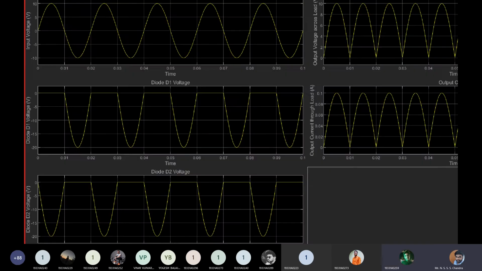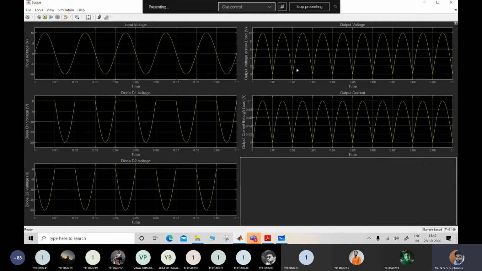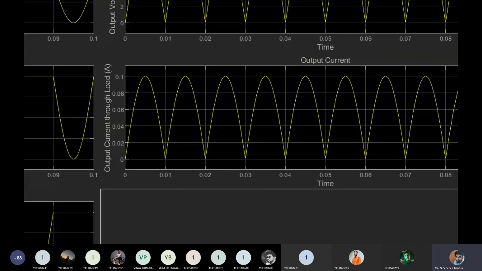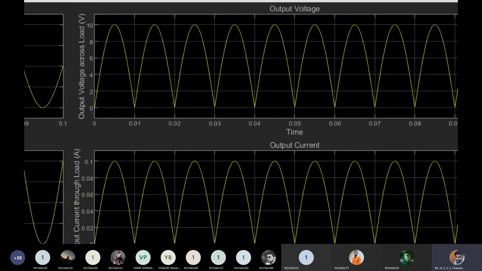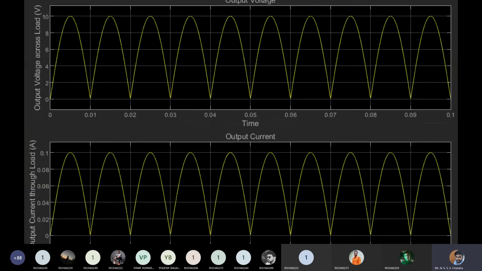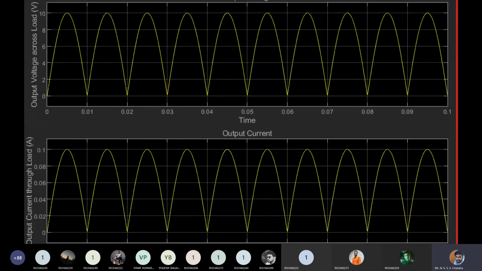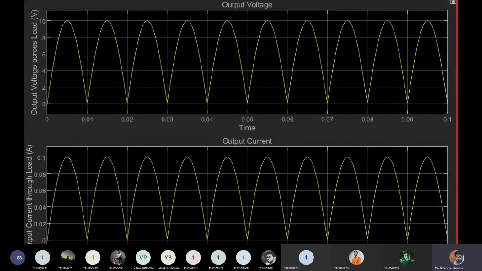If you want to find the IDC value, the output current waveform is identical to that of your bridge rectifier. The bridge rectifier current and voltage waveforms are identical. You can see this output voltage waveform and output current waveform remain identical to your bridge rectifier waveforms. That's why when you are doing the analysis, everything will remain the same.